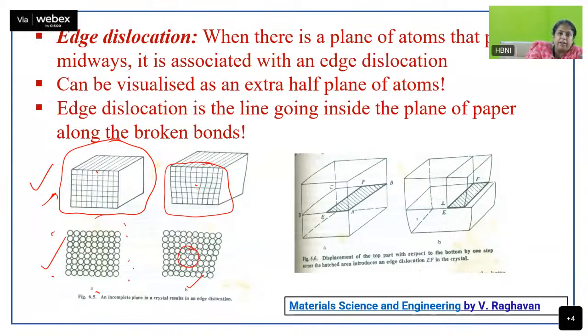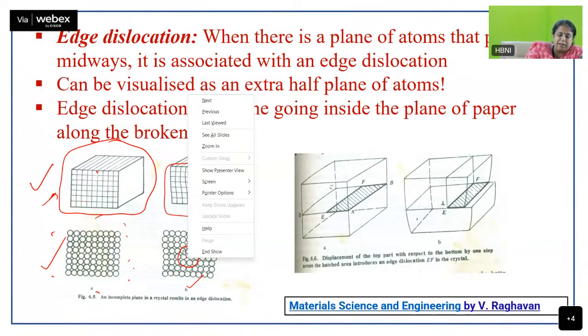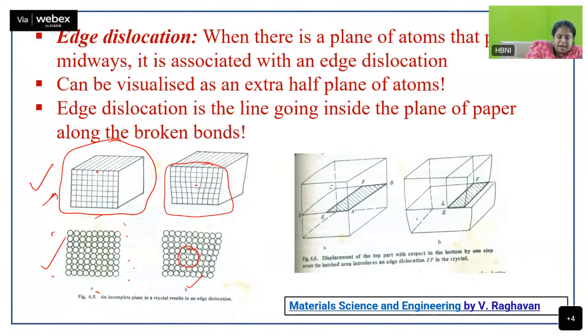Now your edge dislocation from this point is going inside the screen. The atoms which are above the edge dislocation are kind of constricted, but the atoms which are just below the edge dislocation have a lot of room to breathe. Now, this bond distance, which is smaller than normal, and which is bigger than normal, according to the potential energy diagram, will have higher energy. That is the reason your edge dislocations are associated with higher enthalpy and they are not thermodynamically generated defects.